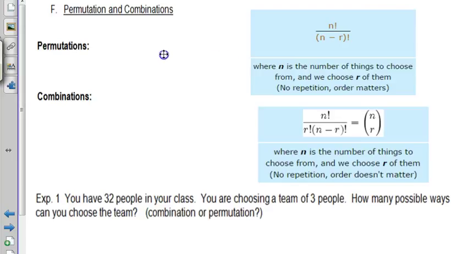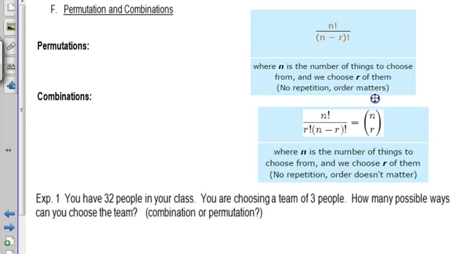Okay. Permutations. When n is the number of things you're choosing from, and r is the number of them you are choosing, and order matters, okay?